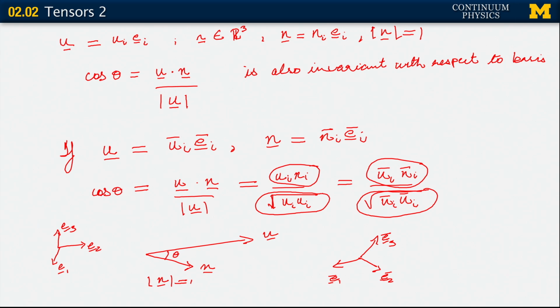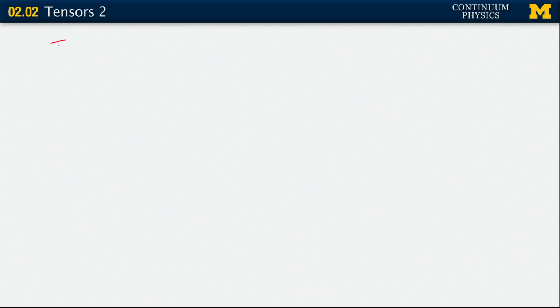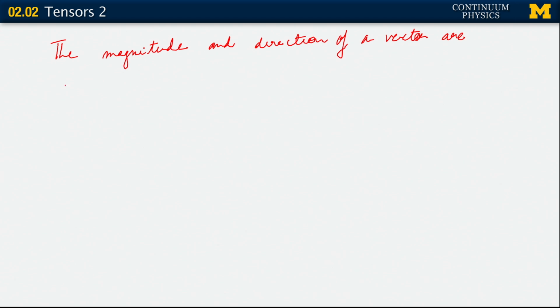So what we see is that the magnitude and direction of a vector are invariant with respect to bases.